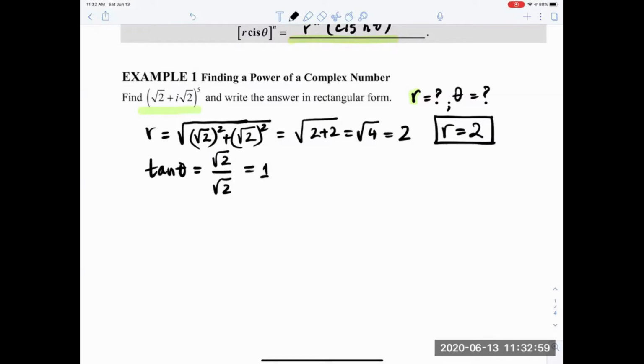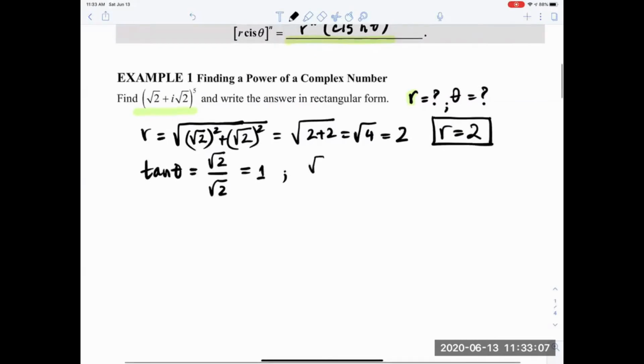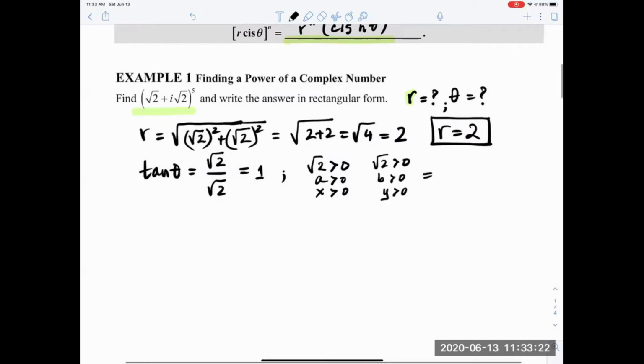Now, both of these a and b, or x and y, whatever you want to call them, root of 2 is greater than 0. That's your a, or your x. And also the other root of 2 is greater than 0, which is your b, your y. That tells you that the number has to be in quadrant 1. So theta belongs to Q1.